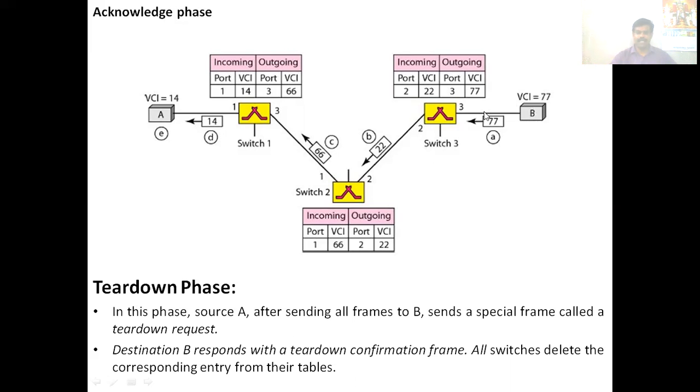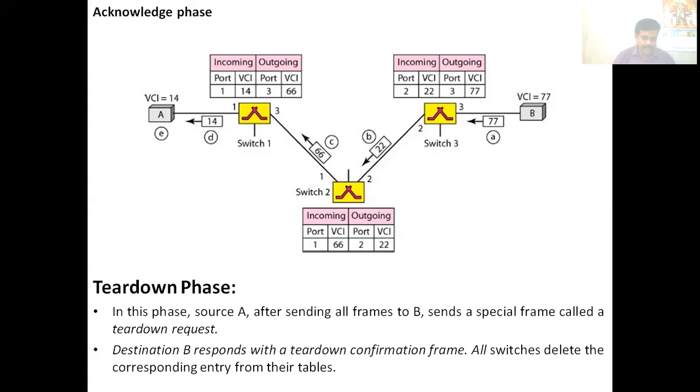System B will respond with a tear down confirmation frame. After the tear down confirmation frame is obtained, all switches will delete the entries that they entered during the setup request phase. Okay, so this is switching.